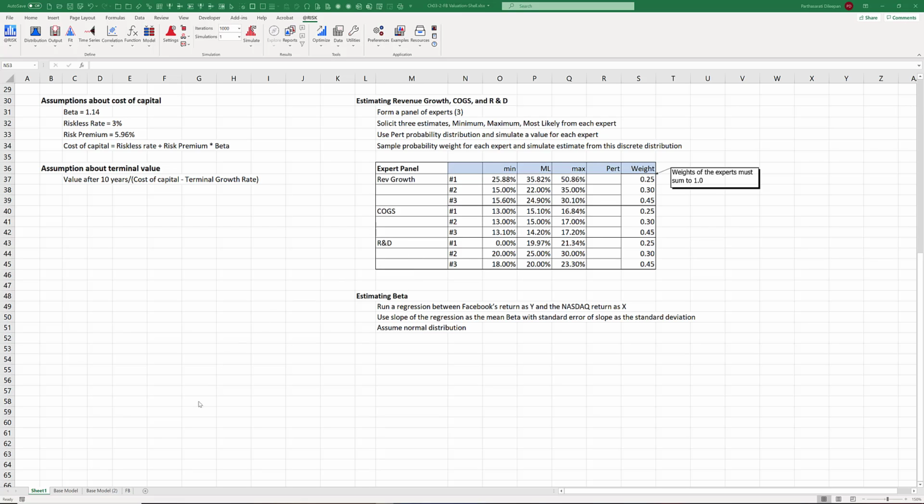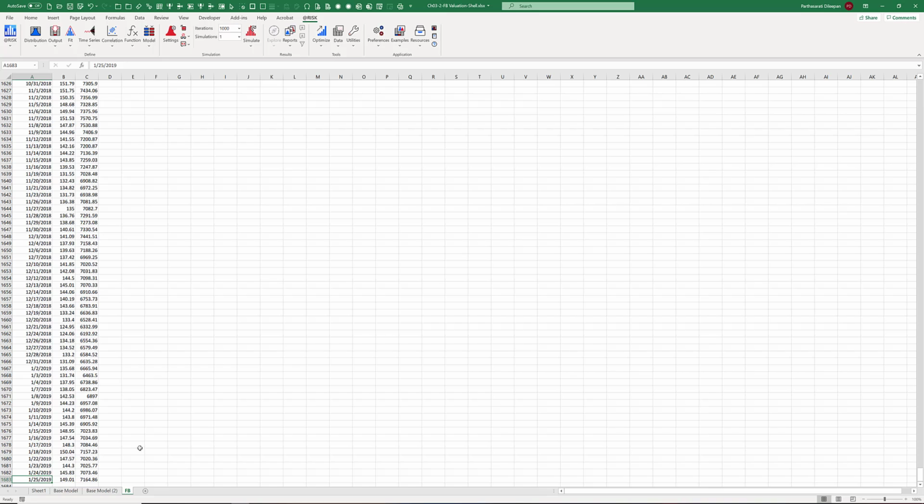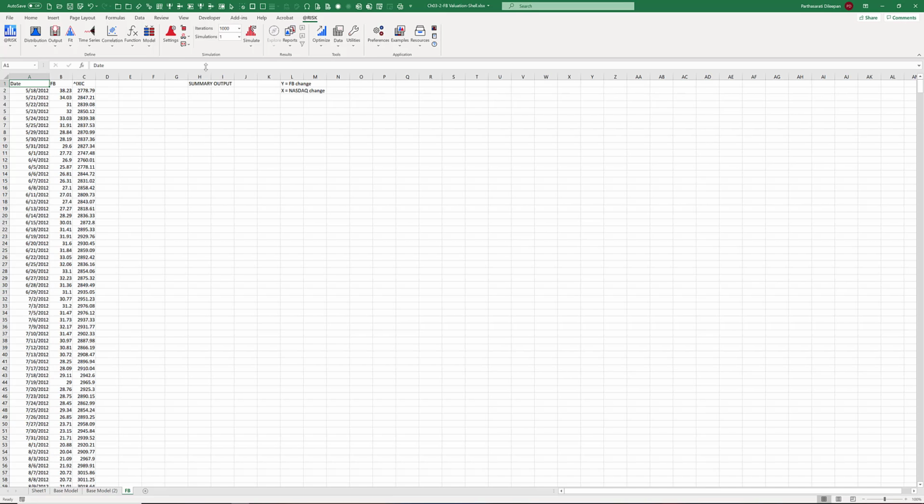Okay. So for that we need historical data, which is what we have here in FB, which is Facebook. So we have data going from May 18th, 2012 to January 25th, 2019.